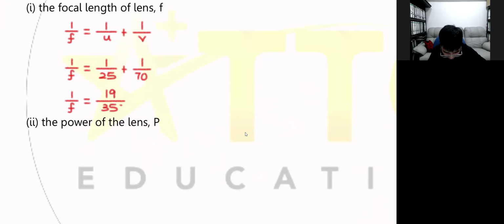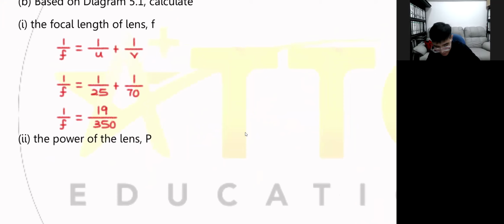But that is not your answer because that is 1 over f. This value, 19 over 350, equals 1 over f. So if you want to find f, you have to inverse everything in the equation.